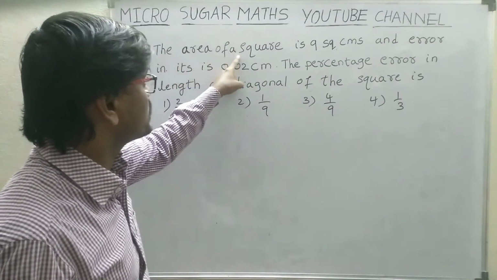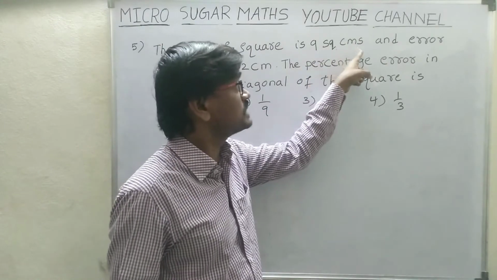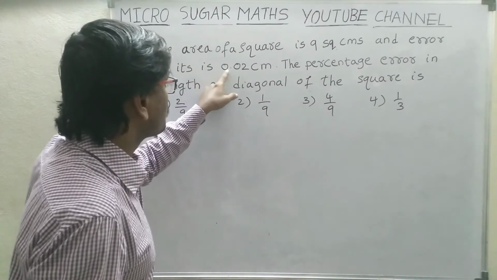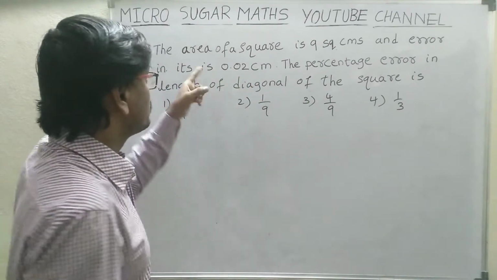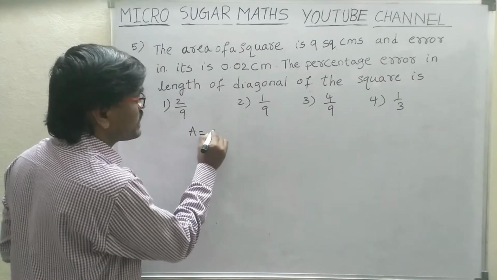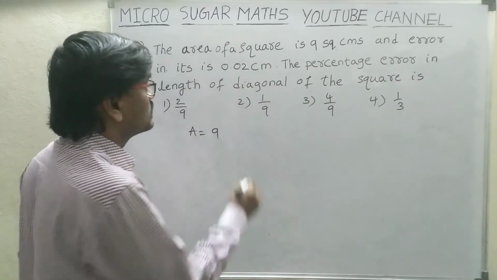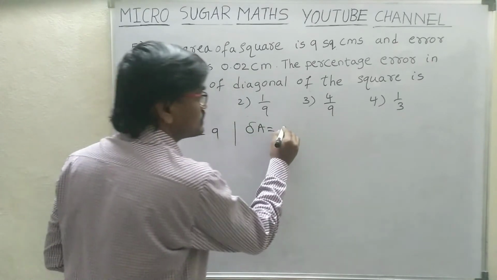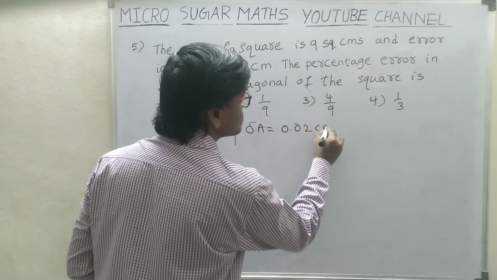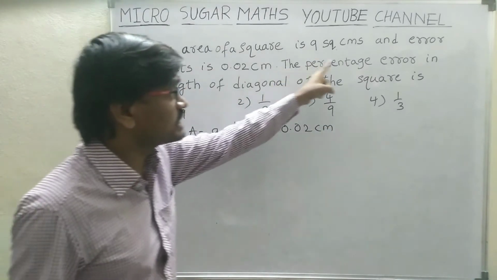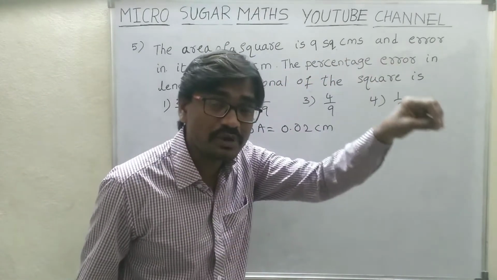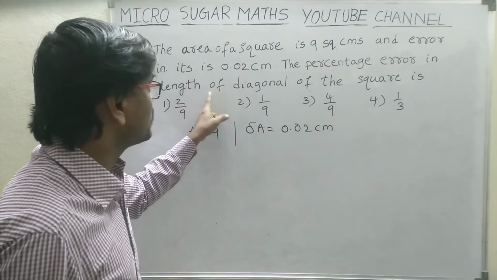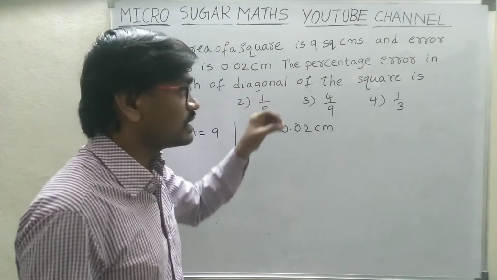Our next question. The area of a square is 9 square centimeters and the error in its side is 0.02 centimeters. Means students, area is given as 9 and its error, delta A value, is given as 0.02 centimeters. Then the percentage error, means we require percentage error in the length of the diagonal.